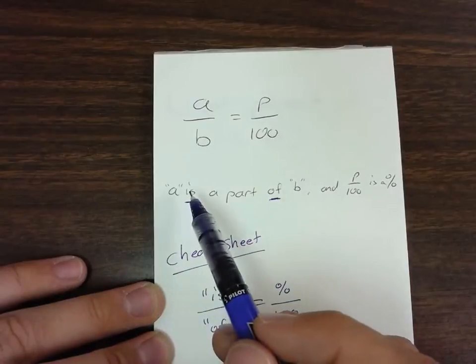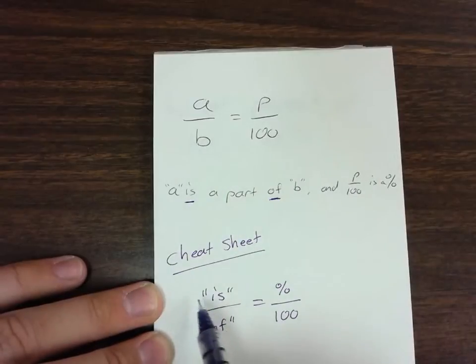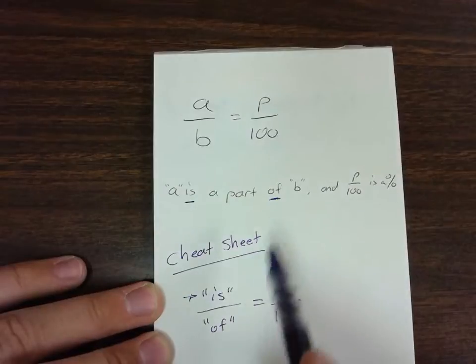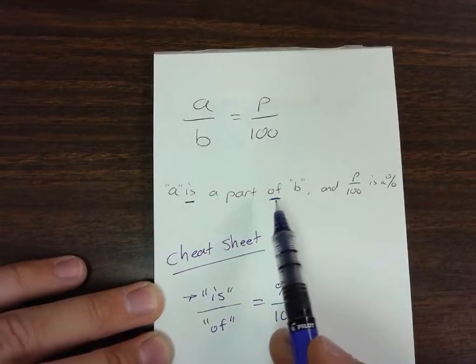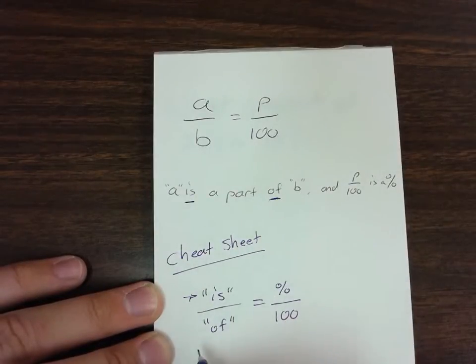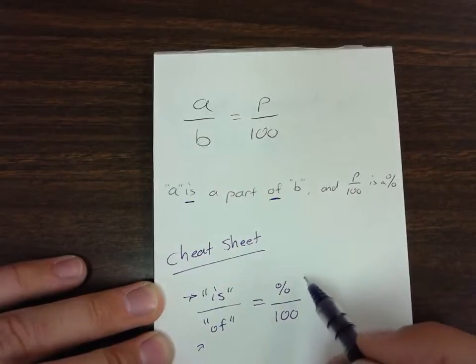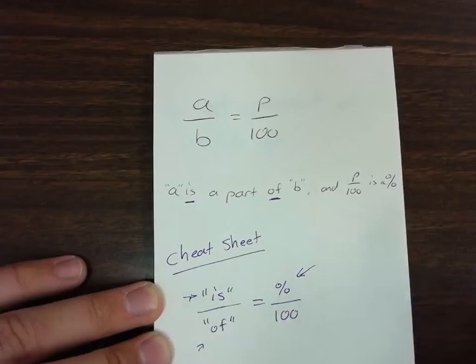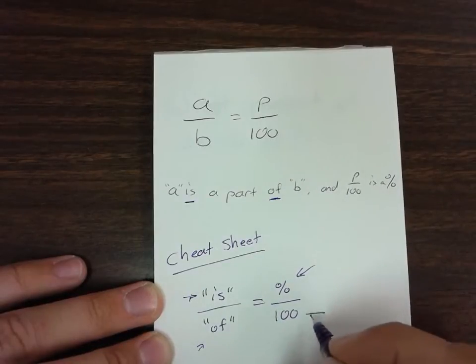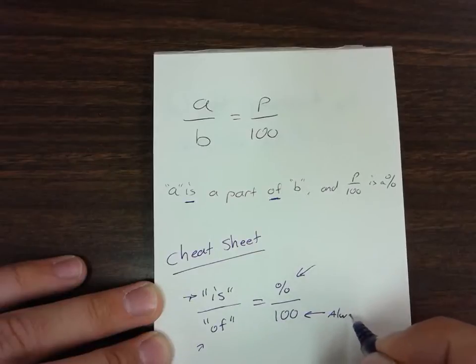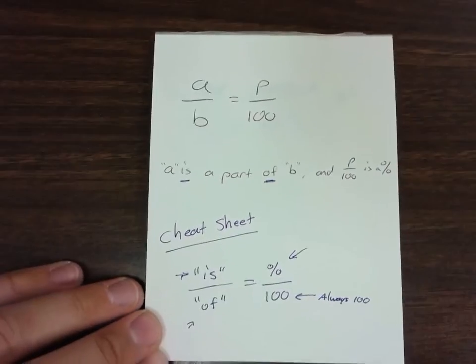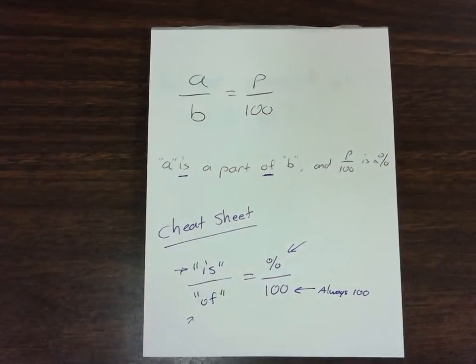So whatever is a part or a piece is going to go on top right here. Whatever it's of, whatever that part is of, is also called the base, and that's what's going to go down here at the bottom. This is always whatever your percentage is. And then the last thing, this is always 100, no matter what. So that's a way you can start things off whenever you see one of these problems.